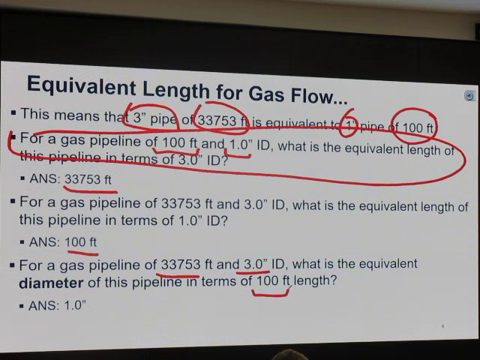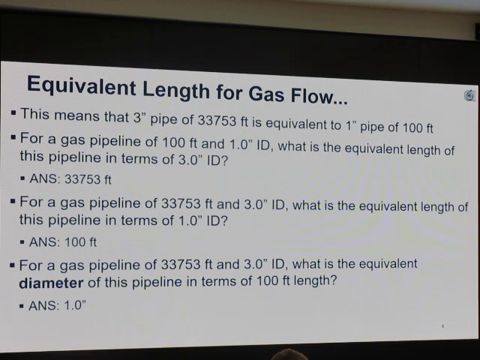Okay. For example, I may say, for a gas pipeline of 100 feet and 1-inch ID, the equivalent length of this pipe in terms of 3-inch ID is longer or shorter than 100 feet. So you have to be able to tell if it is longer or shorter.